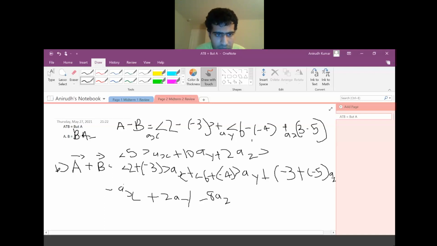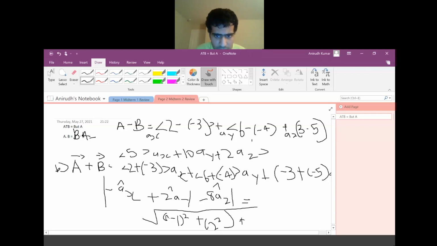and we'll put caps on top of each of those. And you know that the modulus of this is going to be the square root of minus 1 squared plus 2 squared plus minus 8 squared.